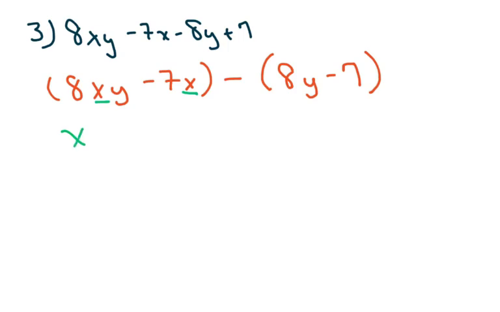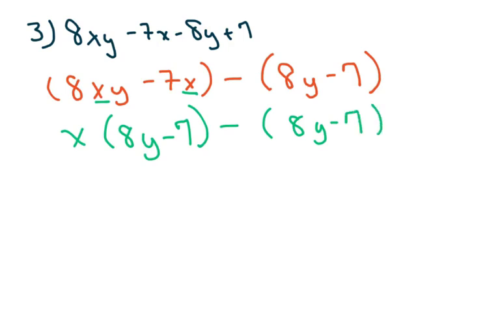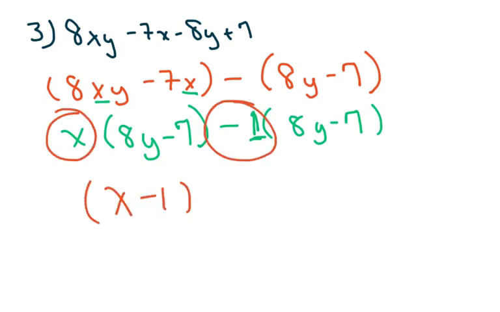So I'm going to pull out the x, get 8y minus 7 here, and this is the same, 8y minus 7. Can't factor anything out of this second quantity, and if you want, you can put a 1 here, because that's 1 times that. Then you just group these two together and you get x minus 1 times 8y minus 7. And that's your answer.